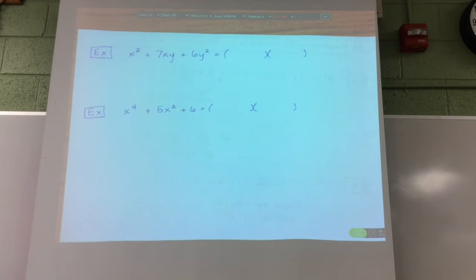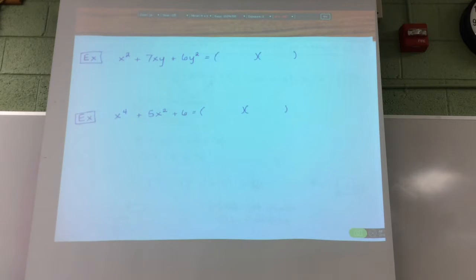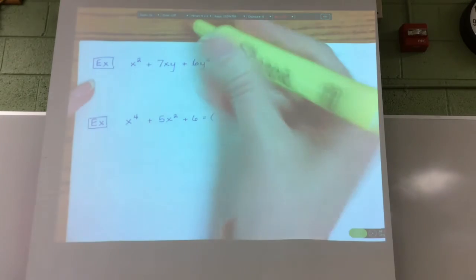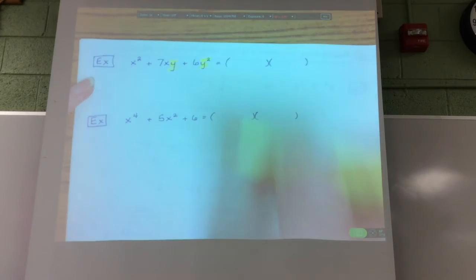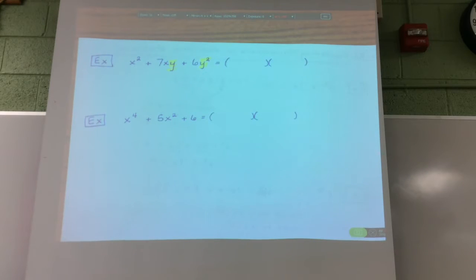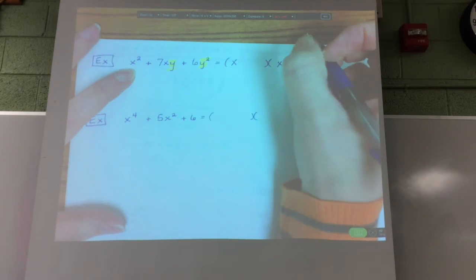I'm going to show you two different examples that are just an extension of what you've learned. In our first example, what's different is that you also have a y squared here and a y here. That just means you have one extra step, but it is an easy step. Since we started with x squared, you put x and x in here.